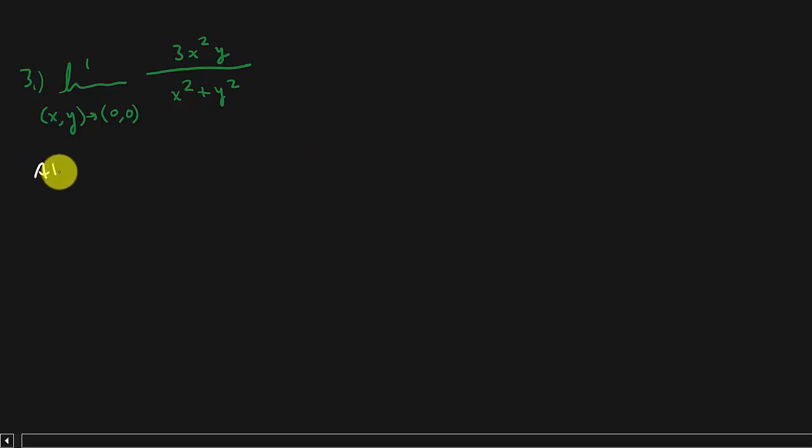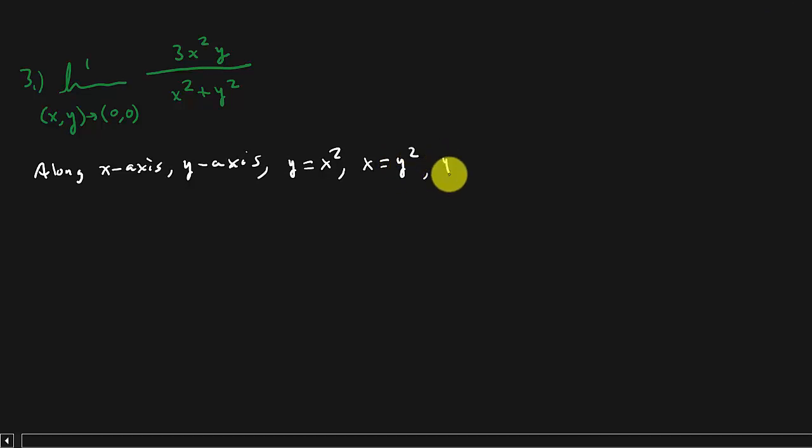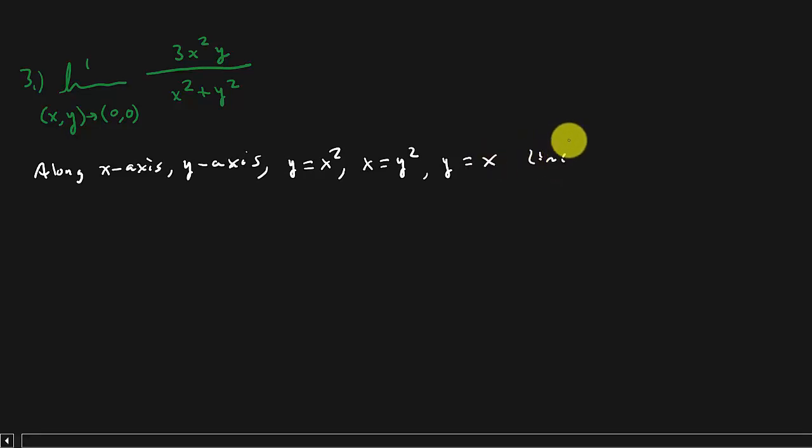To save a little time, I'm not going to go through and do all that again, but to let you know, if we go along the x-axis, the y-axis, y equal x squared, x equal y squared, and actually y equals x, if we did all of those, these limits are all 0.